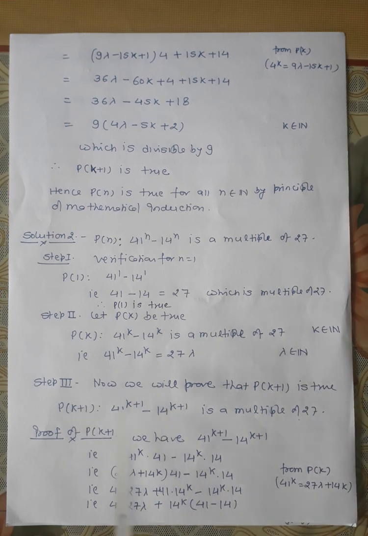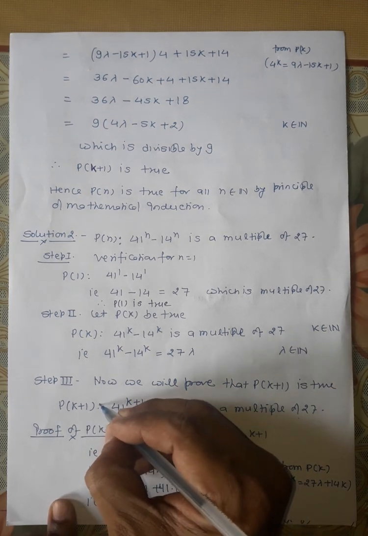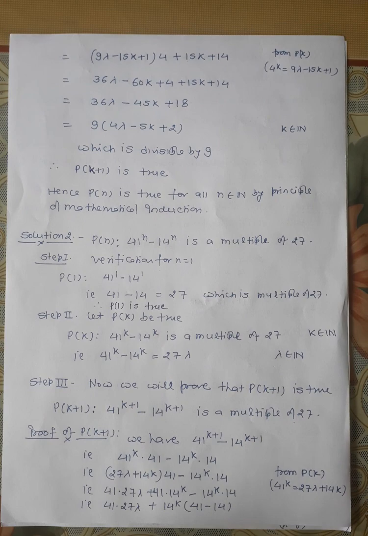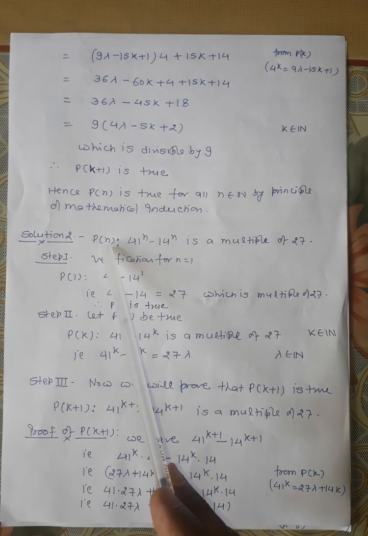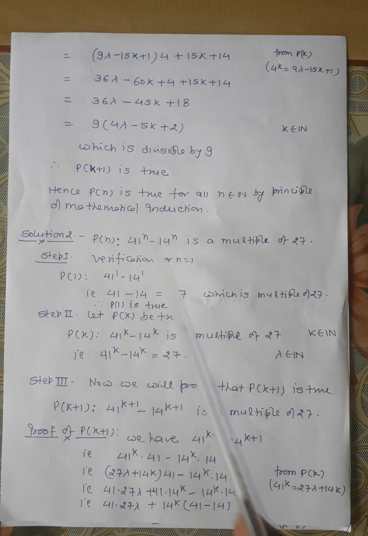Step third. This is the proving step. In this step we will prove that Pk plus 1 is true. Firstly we should write what is our Pk plus 1. In place of n you write down k plus 1, wherever n is there.